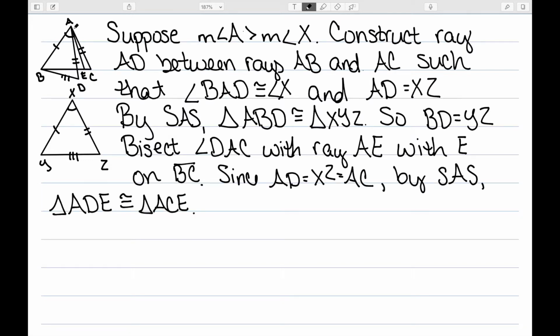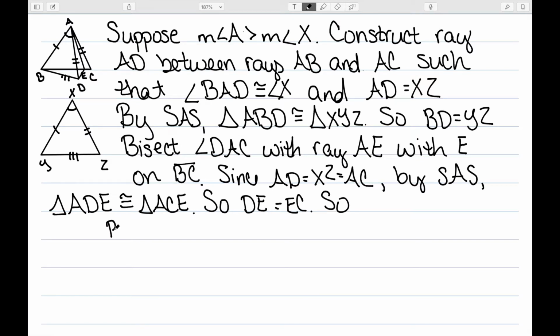I then know that since AD has to be equal to XZ, which is also equal to AC, by side angle side, this triangle ADE, since we have this side, this angle up here, and the side AE, is congruent to ACE, because once again we have the sides are equivalent, this EA is equivalent to EA, and the angles are equivalent since this was a bisector. This means DE, the third side of this triangle, needs to be equivalent to EC, the third side of this triangle.